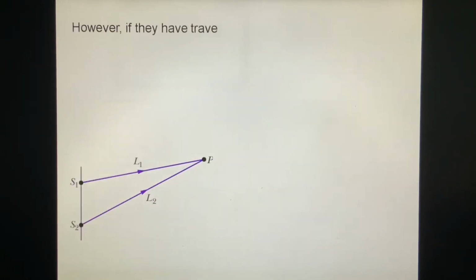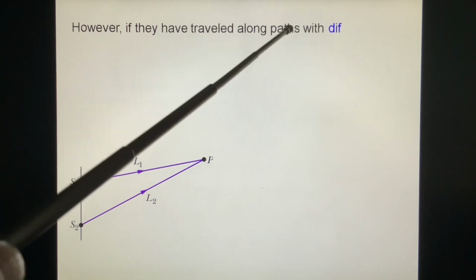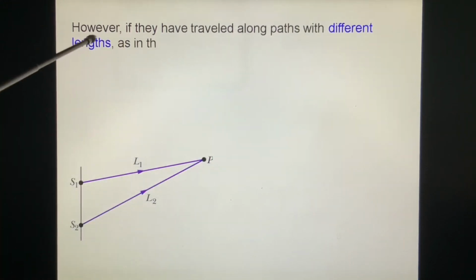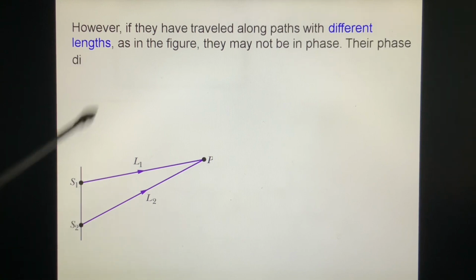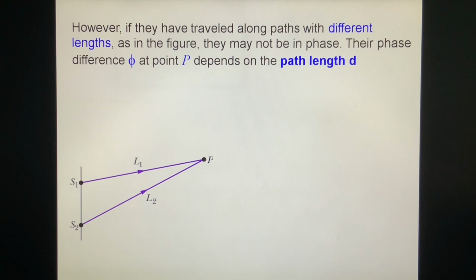However, if they have traveled along paths with different lengths, as in the figure, L2 and L1 are different, they may not be in phase. They can be in phase too, but they may not be.